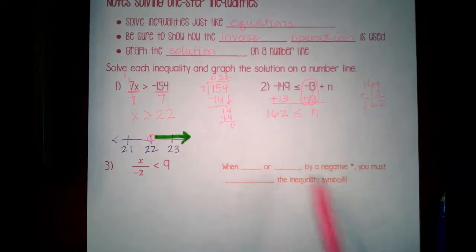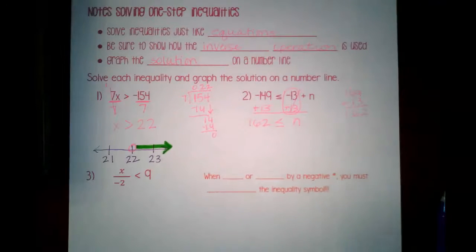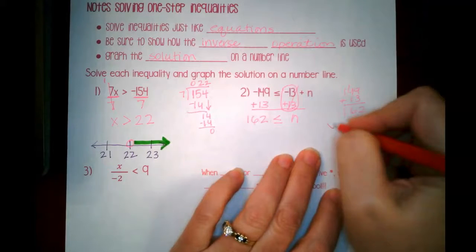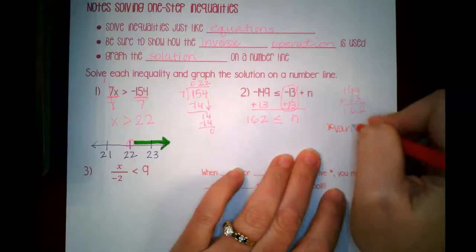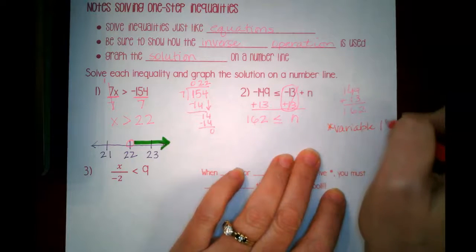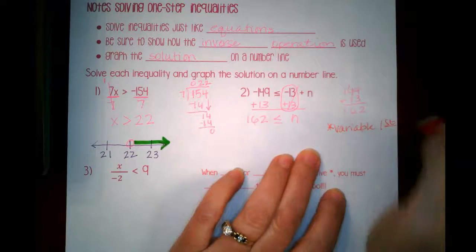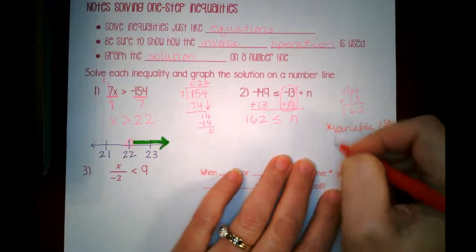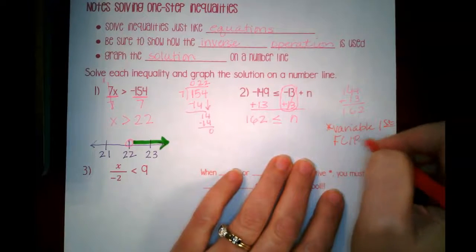Okay. Now, when we were graphing, we always said the variable should be first. So remember, variable first. Otherwise, you're more than likely to graph it incorrectly. So flip it over.